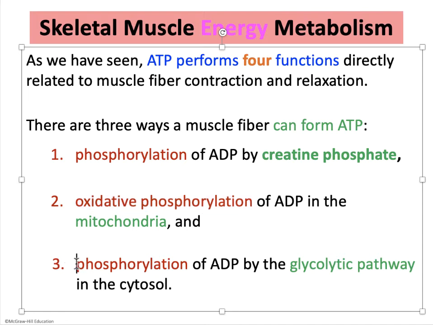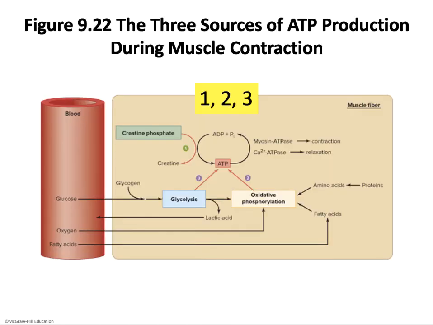The byproduct here would be water and carbon dioxide. And then finally, we can have phosphorylation of ADP by glycolysis in the cytosol. That doesn't have the requirement for oxygen, and the byproduct here would be pyruvate. The ratio of these three sources of ATP production in muscle cells can vary, and that gives rise to the different types of muscle fibers.